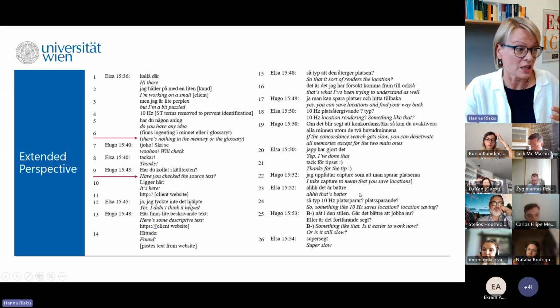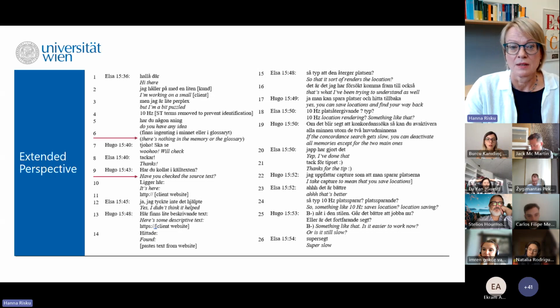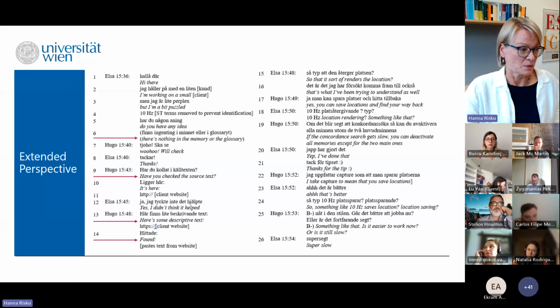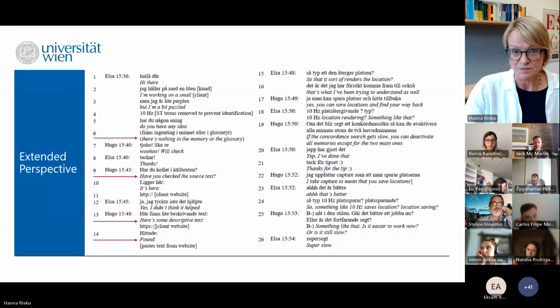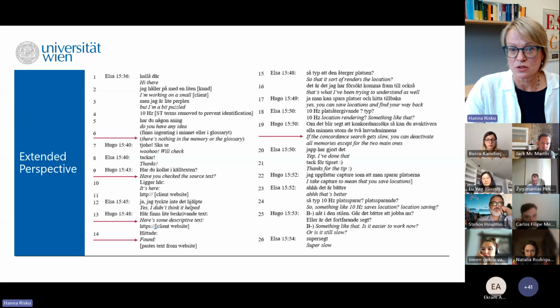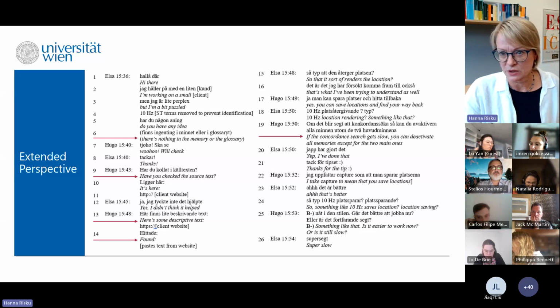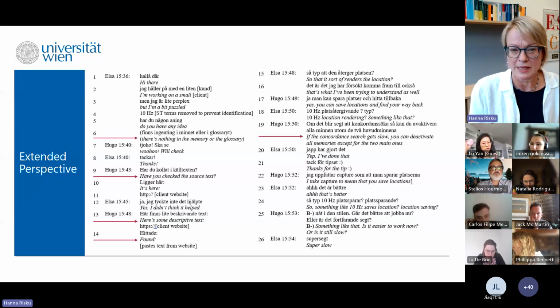He asks, have you checked the source text? Here's some descriptive texts and a link to a website found. There's a link to another website. Or in the concordance search, if the concordance search gets slow, you can deactivate all memories except for the two main ones.